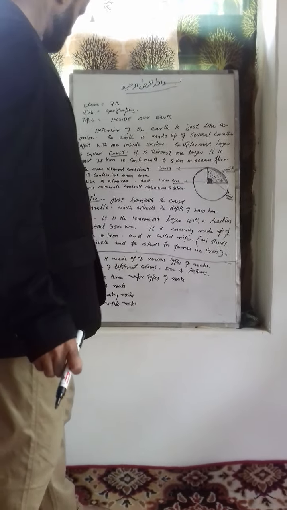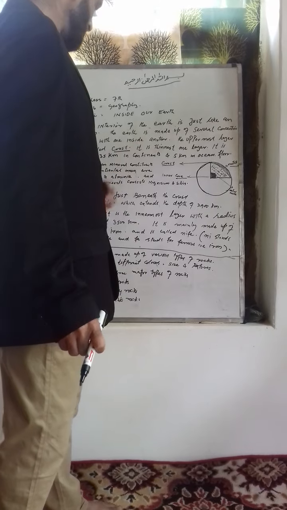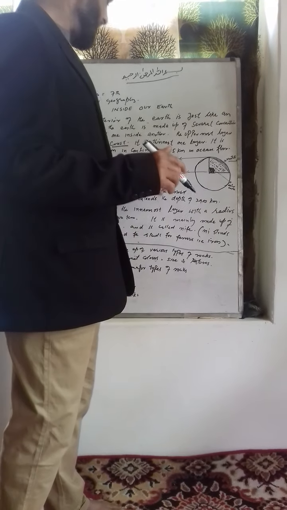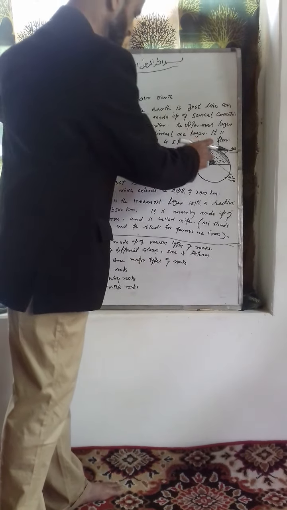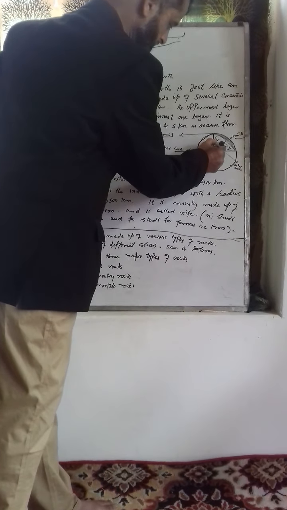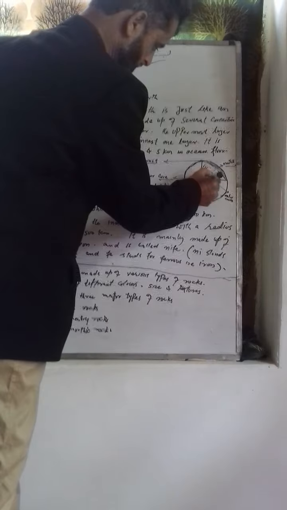Now the third one is core. It is the innermost layer with a radius of about 3,500 kilometers. This is the third layer.